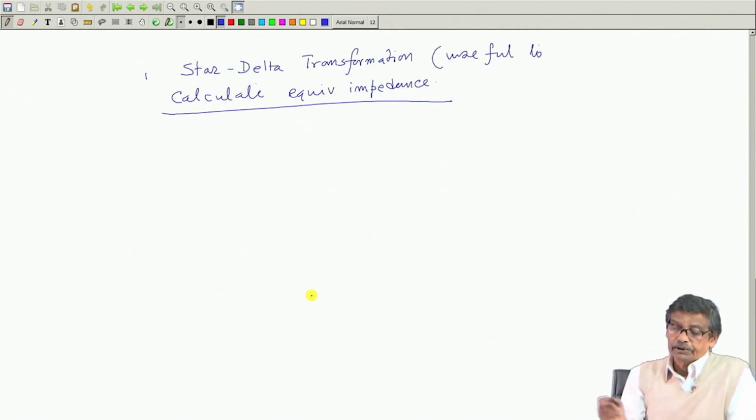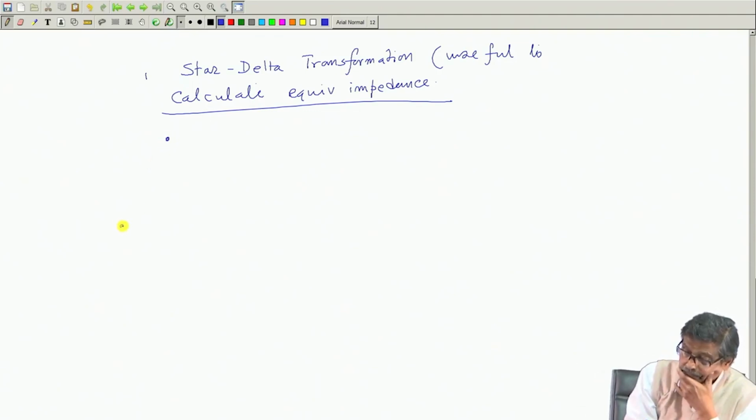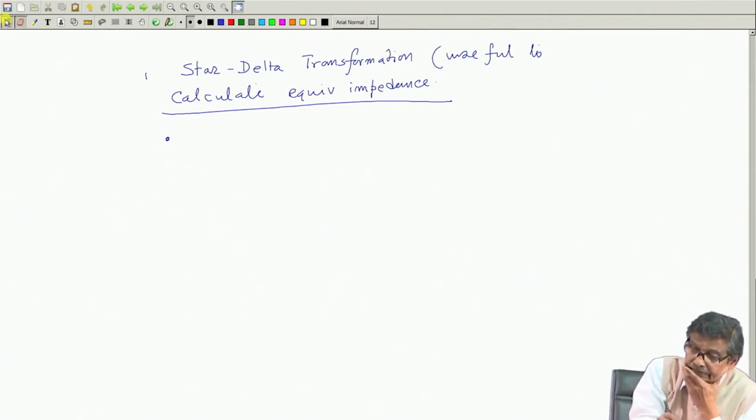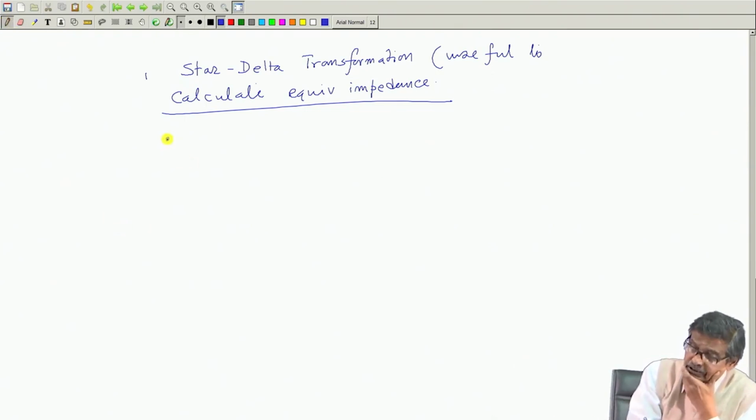The point I want to tell is this: suppose you have got 3 resistances. This has nothing to do with Thevenin's theorem, but it will be very useful.